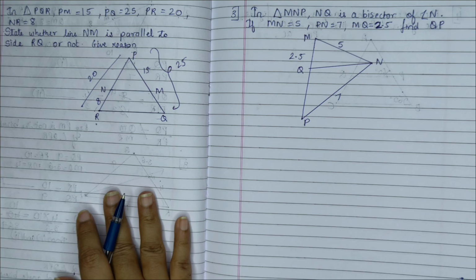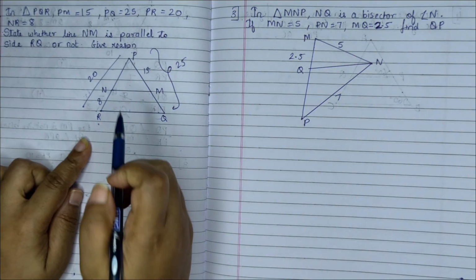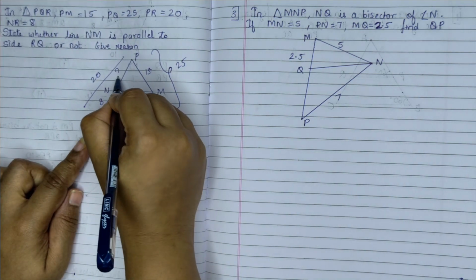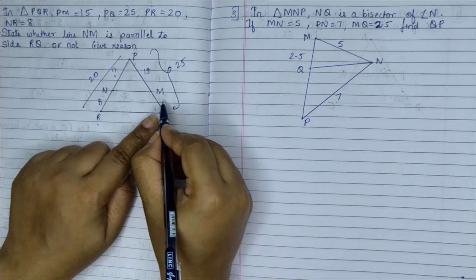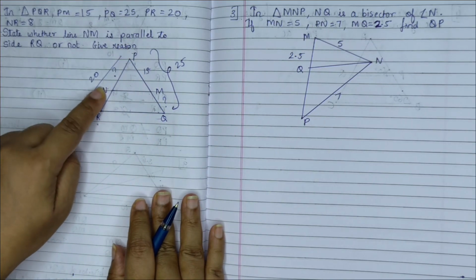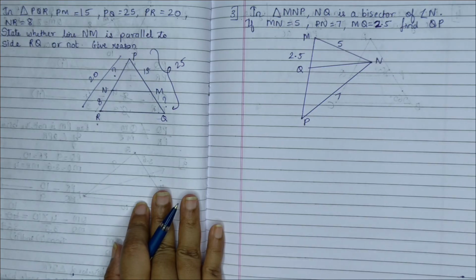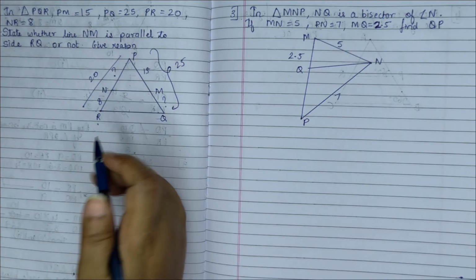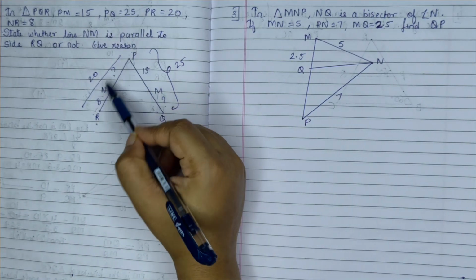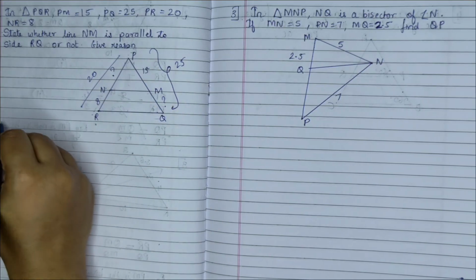Now first see, whatever is given, we will first find out these sides, because this part is not given, PN is not given, and here MQ is not given. Okay, here we don't have PN and here we don't have MQ. So first what we will do is we will find out those two sides. Okay, so first we will take the side PR.